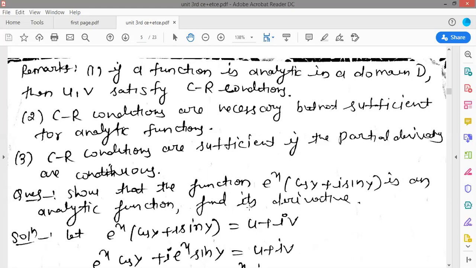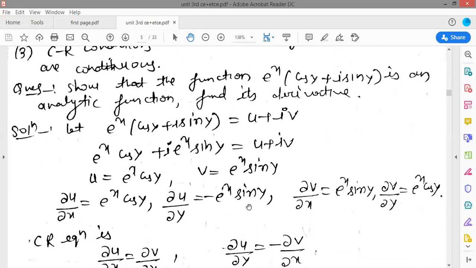Now there is an example here of how we will find the analytic function by using the CR equations. Show that the function e^x (cos y + i sin y) is an analytic function, and also find its derivative. First, we have our function f(z) equal to this one, and f(z) is u + iv.